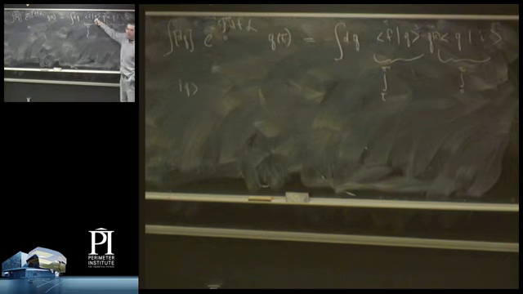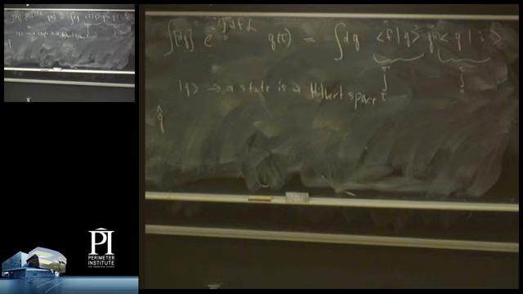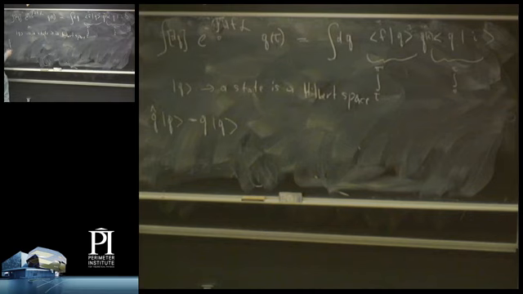However, when I write it this way, I can think of this as a state in a Hilbert space, which is an eigenstate of an operator Q. So now I introduce an operator Q. It doesn't carry any time, and the point is that when I act with Q on the state q, I'll just get q, the state q back.